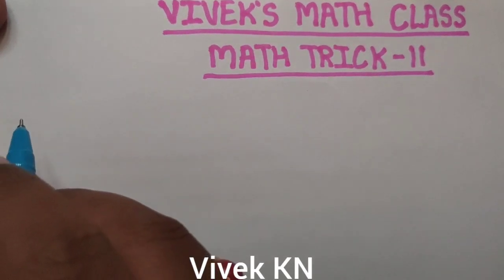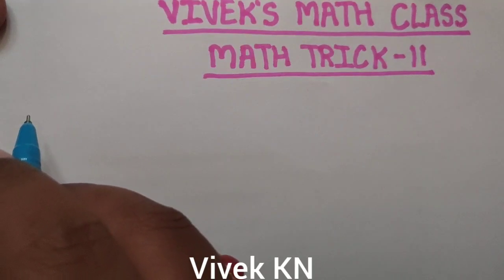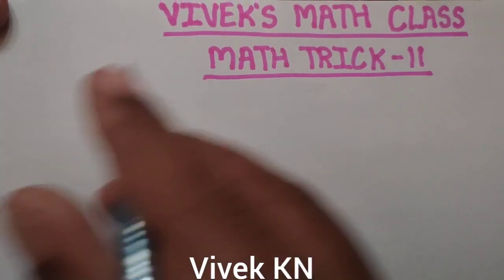In the last class, we discussed how to find the cube of a number that has the same digits. So today in this class, let's move to the next type, that is type 4.